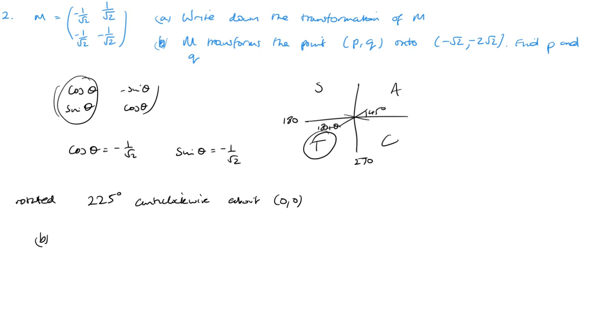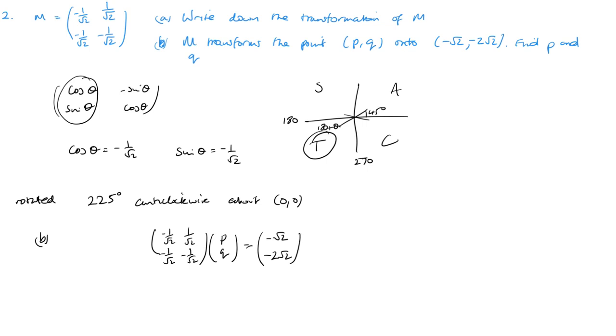Right, part B. M transforms the point P, Q onto that point. Find P and Q. So if I just write this out, this times P and Q is going to equal minus root 2 and minus 2 root 2.